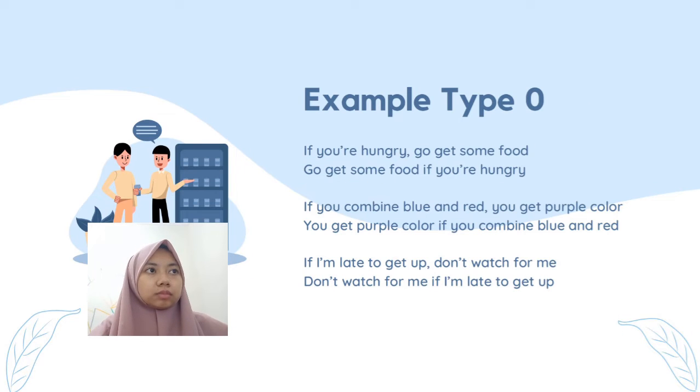And then for the examples of this type: if you're hungry, go get some food, or go get some food if you're hungry. If you combine blue and red, you get purple color, or you get purple color if you combine blue and red. If I'm late to get up, don't wait for me, or don't wait for me if I'm late to get up.